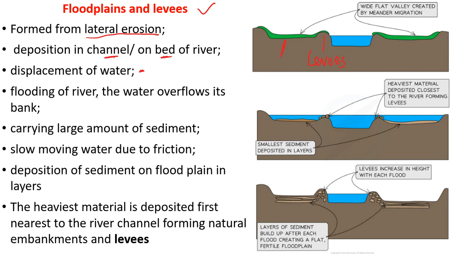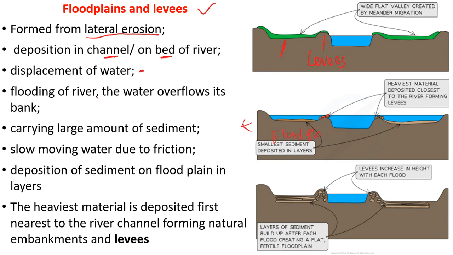In this second part, you see that the water has overflowed the bank, carrying a large amount of sediment. The heavier material tends to be deposited at the bank of the river, while the smaller, smoother alluvial materials can be moved further away into the floodplains.